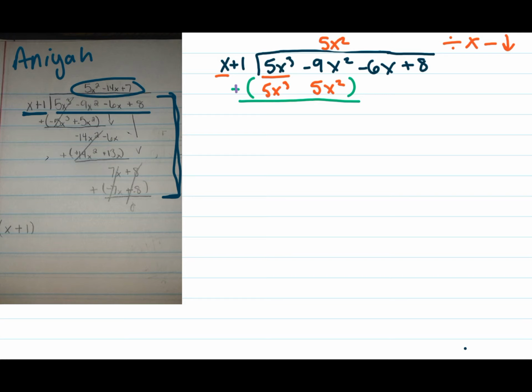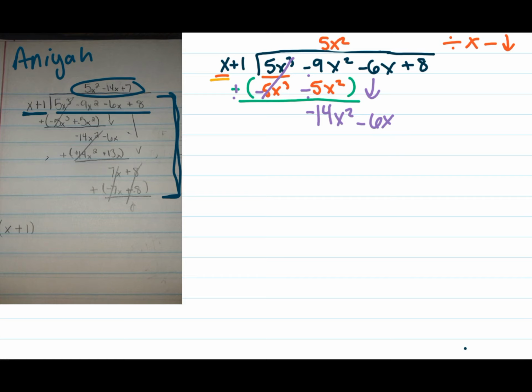So I'm going to change this to plus, which will make these two signs change. 5x to the third plus negative 5x to the third will give me 0. Now we're at negative 9 plus negative 5. That is negative 14x squared. Drop it down and bring it around. So now we're back to our division step.